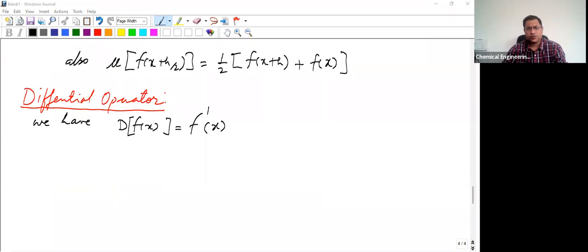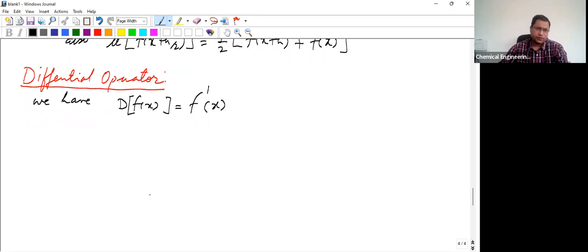Once we know the difference operators and this average operator, we can have all the operators in one table. So here we know the forward difference, we know the backward difference and all other operators.